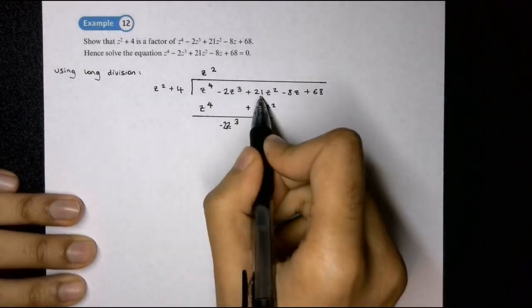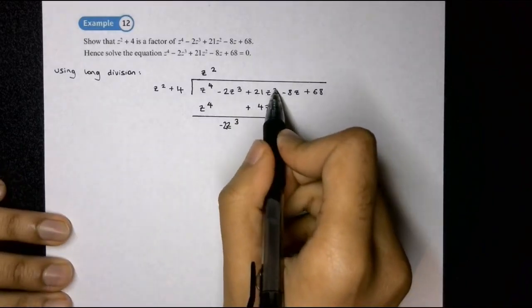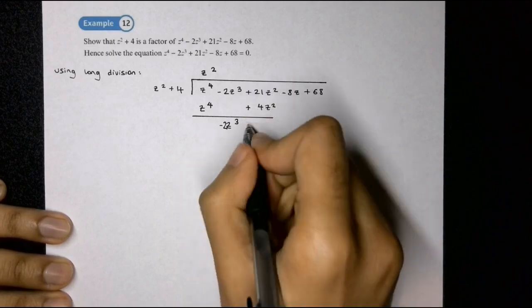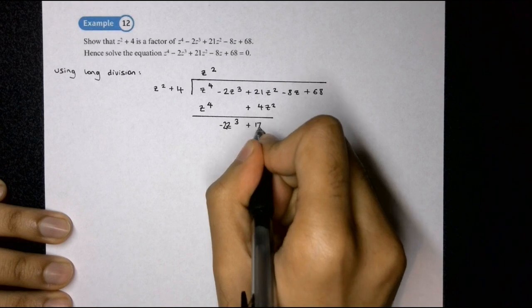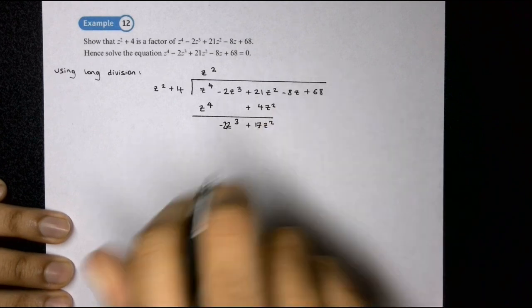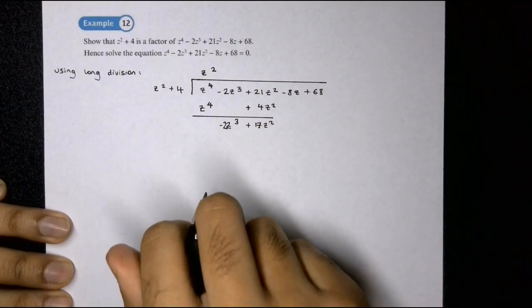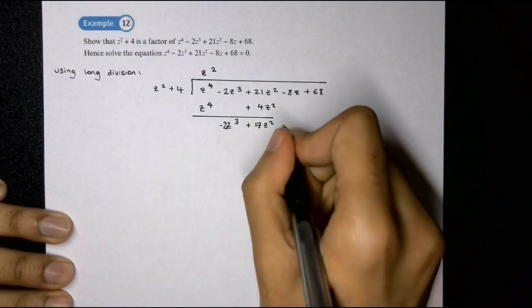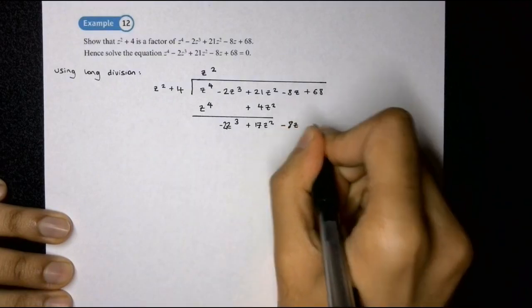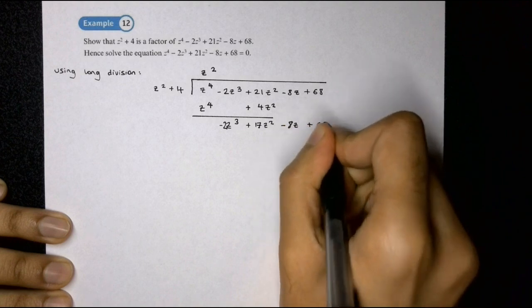Then we have 21z squared minus 4z squared, that will be 17z squared. And then these two terms drop down with it. So here we have minus 8z plus 68.